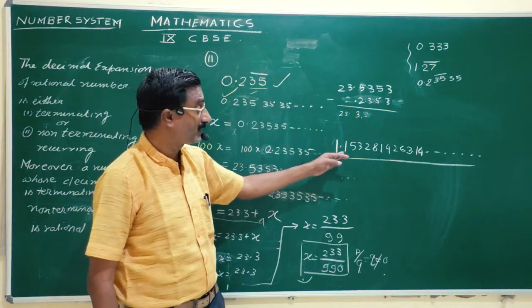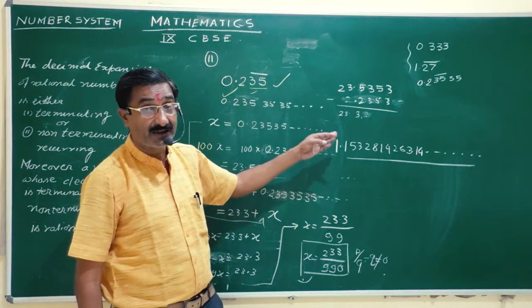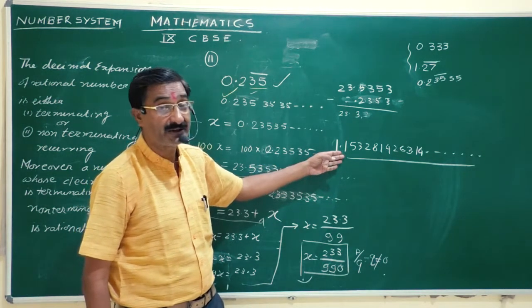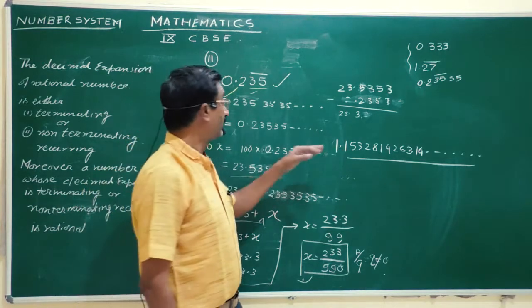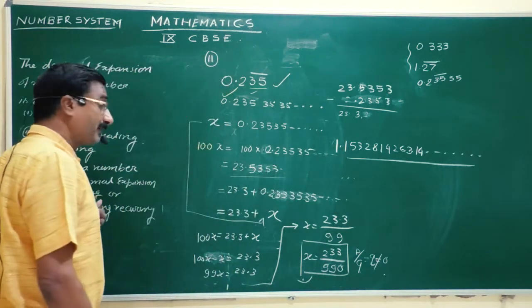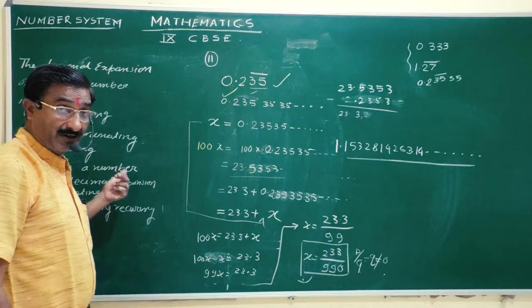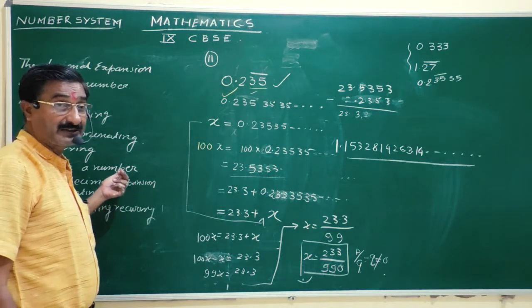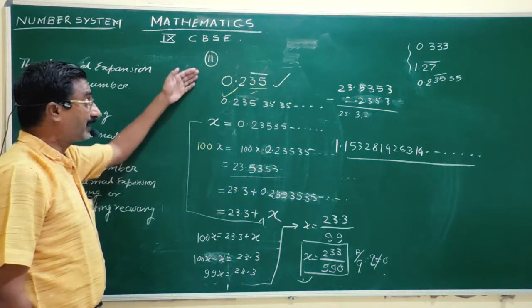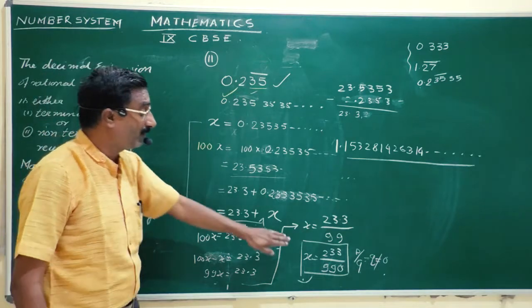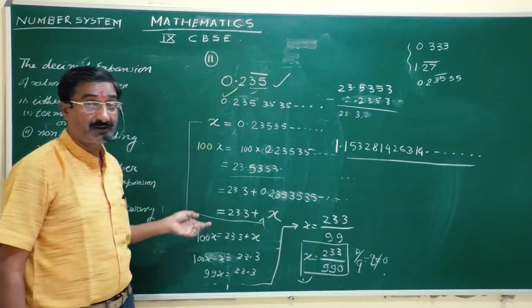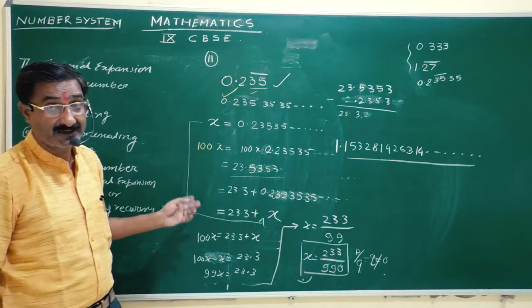So that's why this type of numbers are called irrational numbers. They cannot be written in the form of P by Q. The numbers which are non-terminating and recurring can also be written in the form of P by Q, as we have solved in the examples.